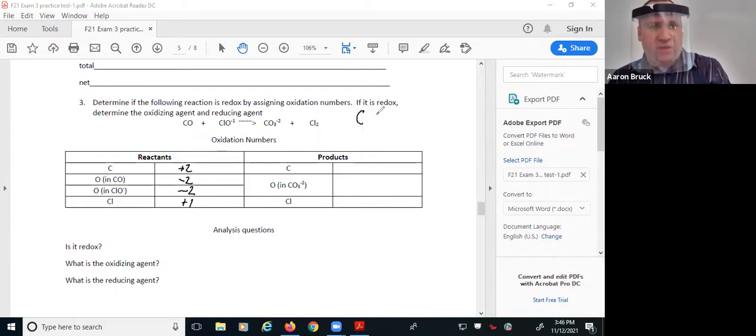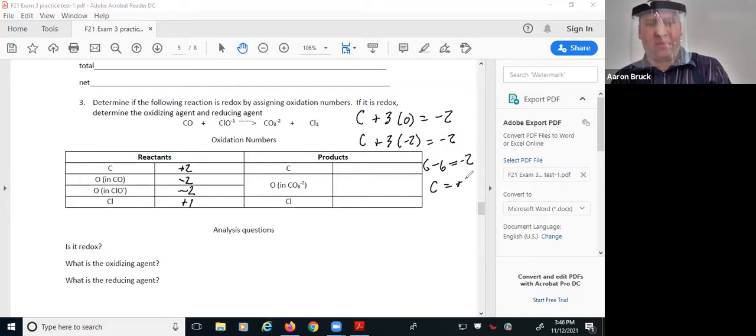Now we could do the algebra here if we needed to. Carbon plus 3 oxygens equals -2. Since oxygen is -2, then I've got carbon minus 6 is equal to -2. So carbon must be +4. So +4 for the carbon, -2 for the oxygen.